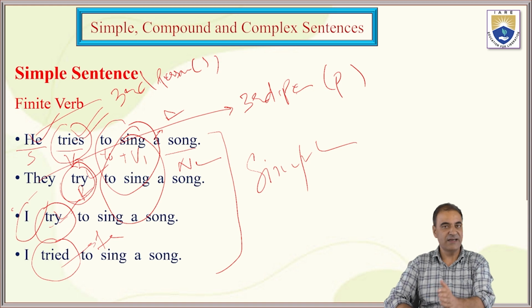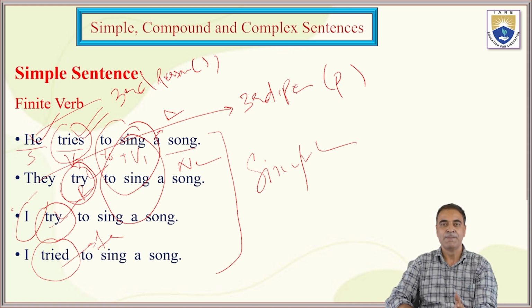Therefore, we can say that it's a non-finite verb. And this to sing doesn't show time of an action. Therefore, we can say this is a non-finite verb. It's only the verb tries, try, that changed when we changed the number and the person of the subject. Therefore, we can say it's a finite verb. And it's the verb try, tries, tried that shows the time of an action.